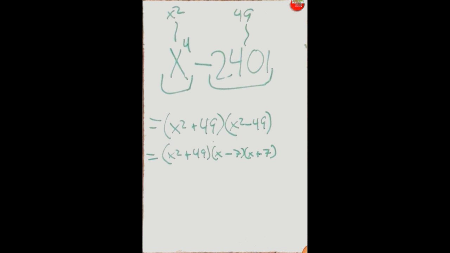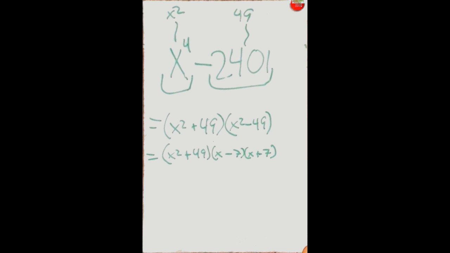The square root of x to the power 4 is, of course, x squared, and the square root of 2401 is 49. So now we split them, which means the answer is x squared plus 49 times x squared minus 49. Can we do anything else?